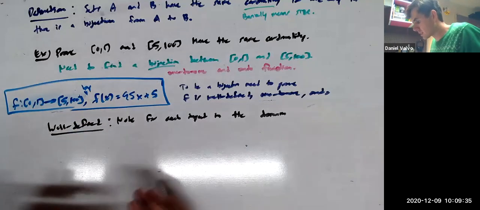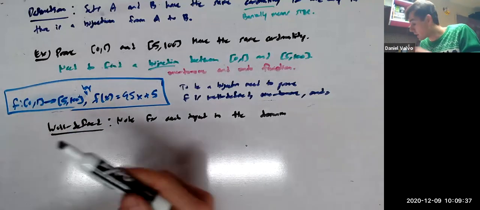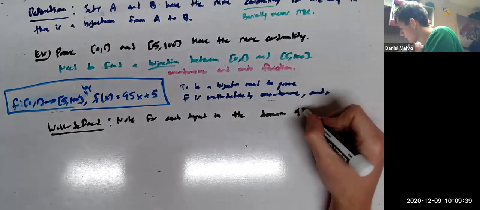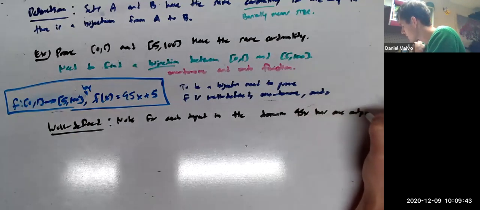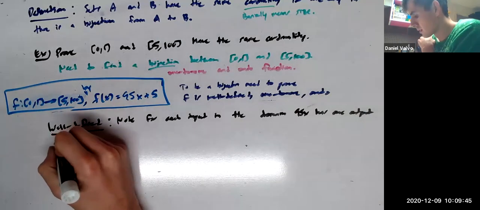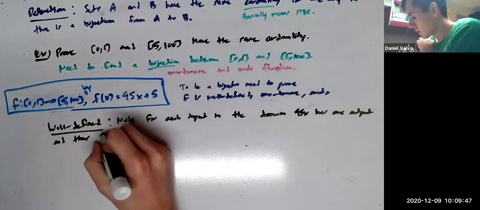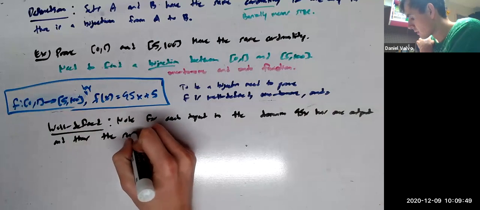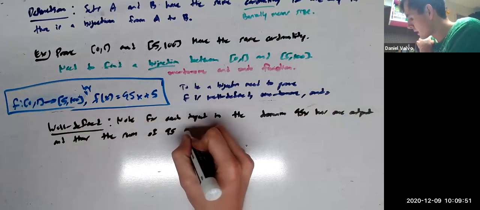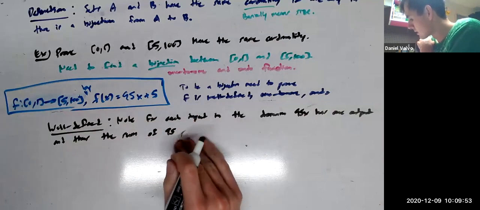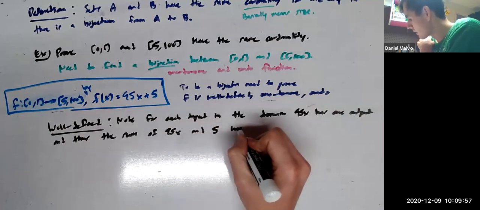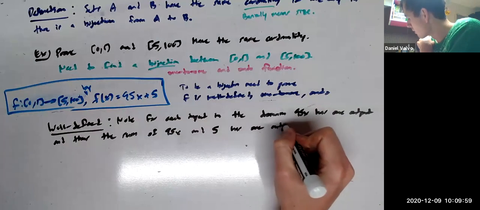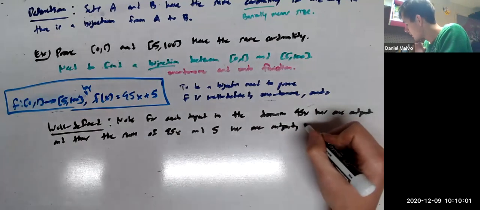So for each input in the domain, which is 0, 1, 95x has one output, and thus the sum of 95x and 5 has one output.